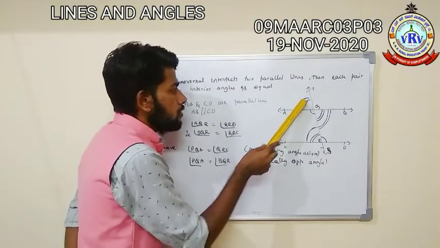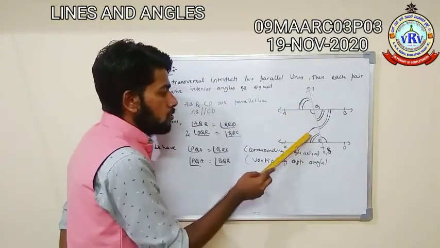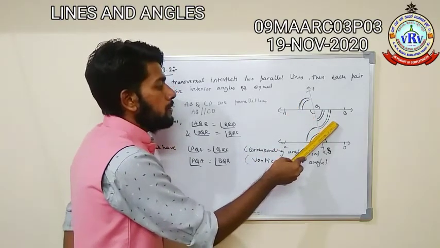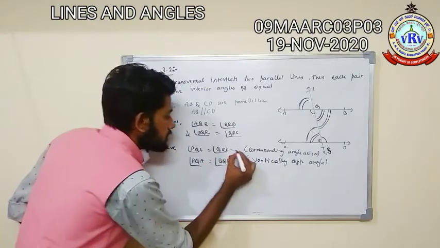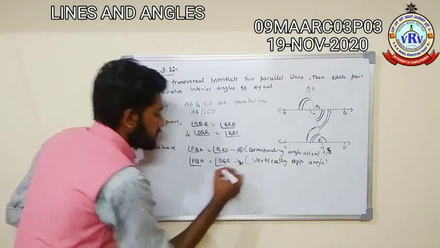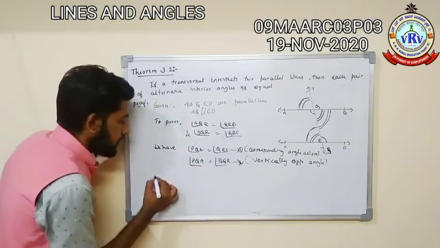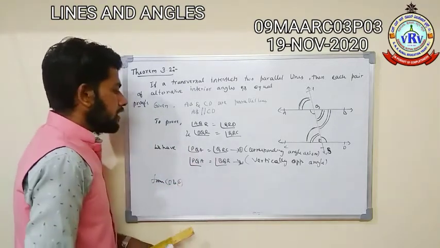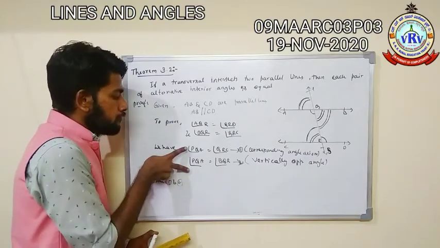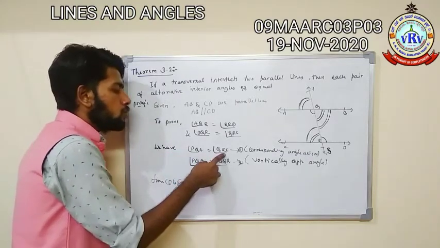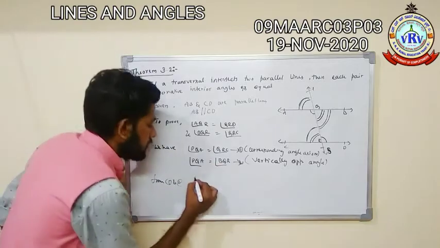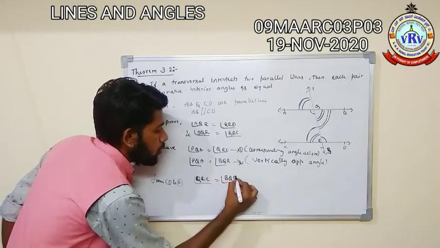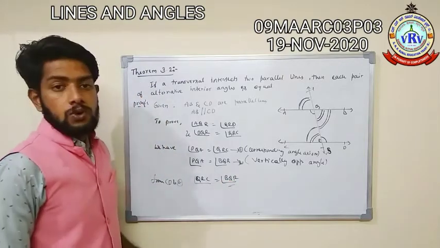So now you can observe PQA is equal to QRC and PQA is also equal to BQR. Take this as equation number 1, this as equation number 2. Now from 1 and 2, the left hand sides are the same, PQA and PQA. If PQA is equal to QRC as well as BQR, then QRC is equal to BQR.